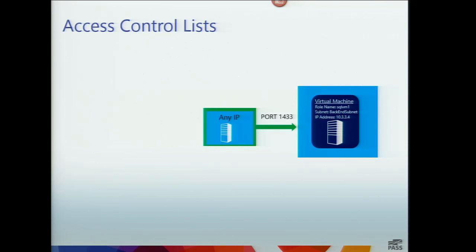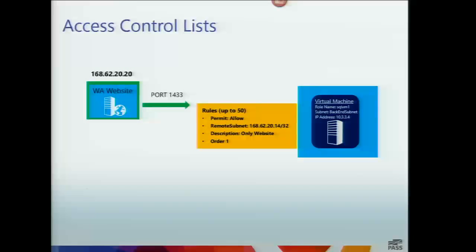We've also got something called access control list, which is relatively new. This came out about a month ago. There's no UX for it yet, though UX is going to be rolled out in the portal in a few weeks, but you can configure this using PowerShell scripts. So if you want some security, say you've got something sitting on the public IP address open to the internet and you want to lock it down, for example, only allow your CorpNet to access it through that public IP address, you can set an ACL.